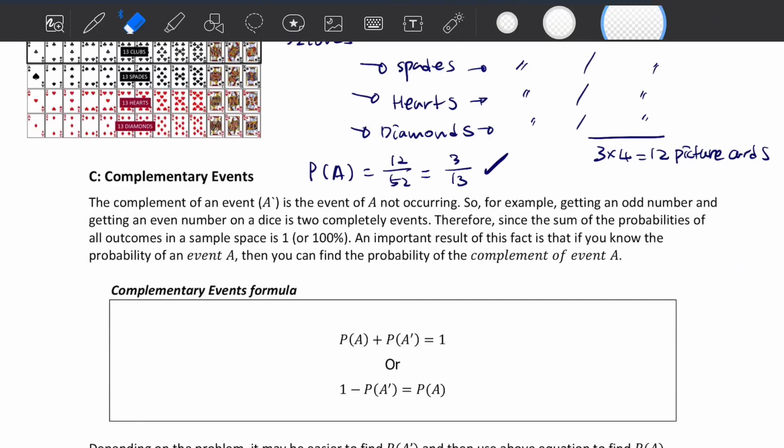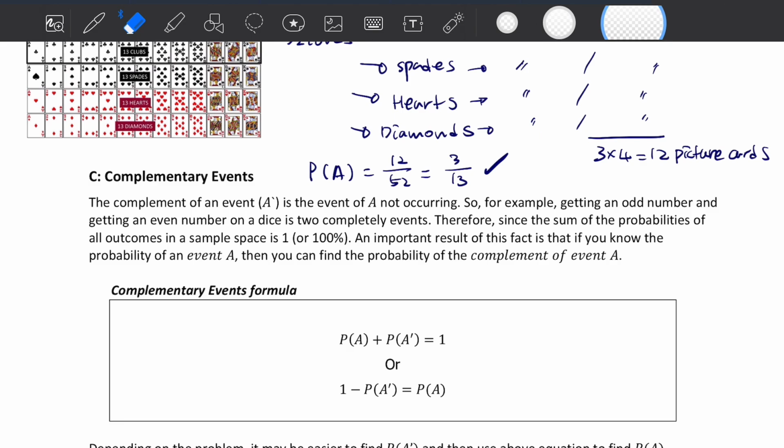Okay, now let's talk about complementary events. Two events are said to be complementary when one event occurs if and only if the other does not take place. For example, it rains or it does not rain, or getting heads or getting tails, right?